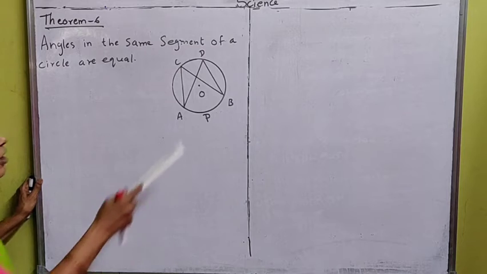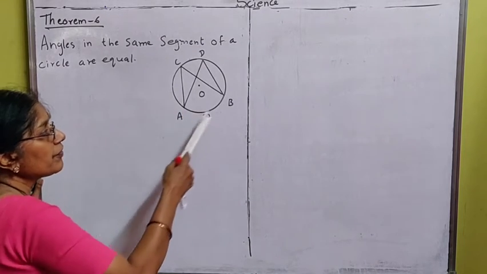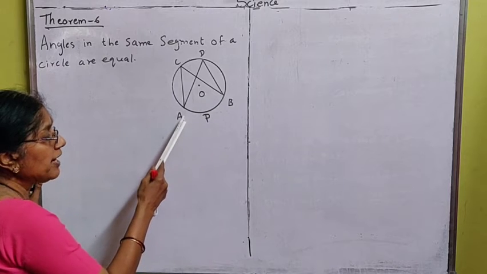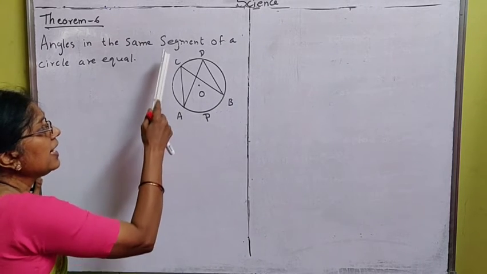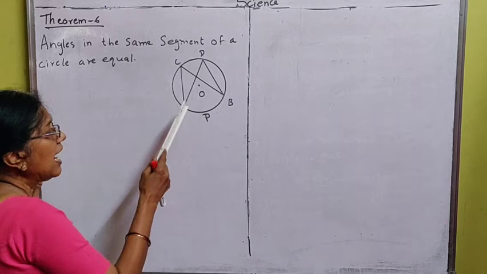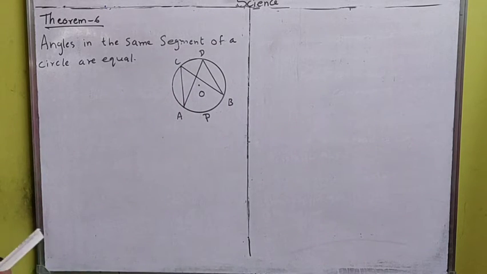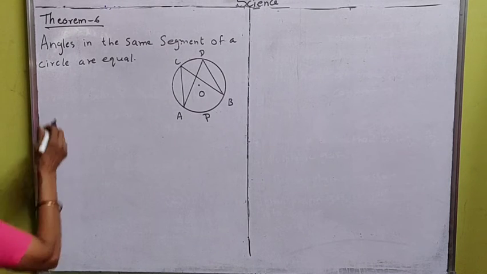Once again I am repeating. What is given? O is the center of the circle. Arc APB subtends angle ACB and angle ADB on the circumference. So that is your given.